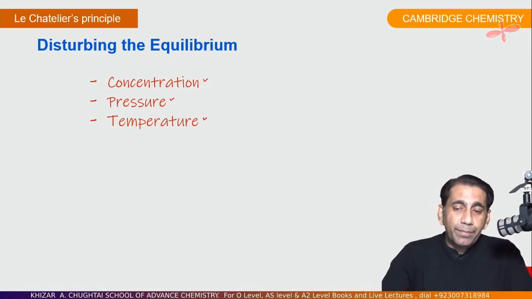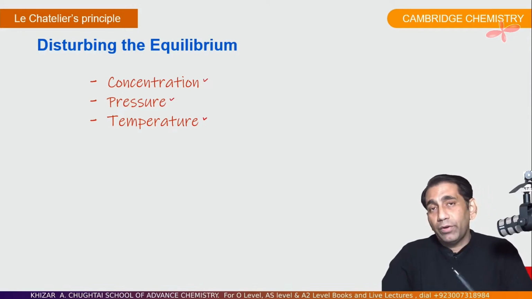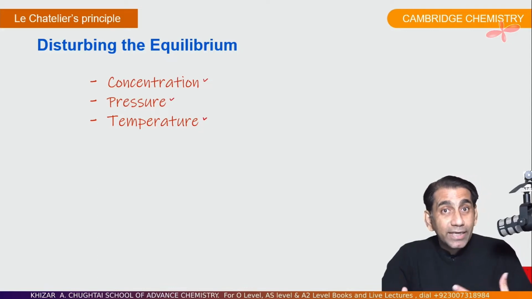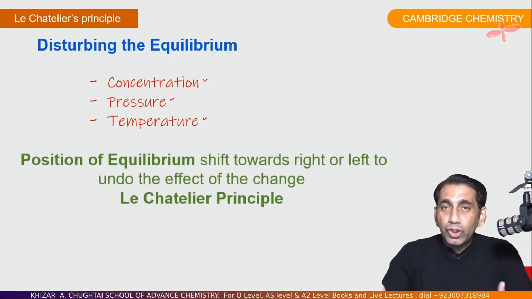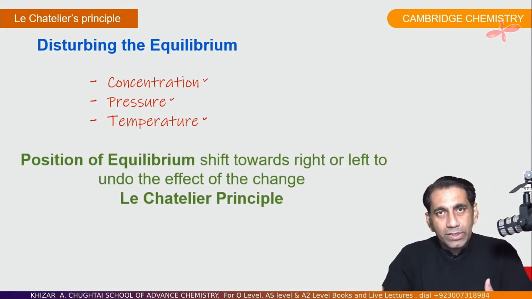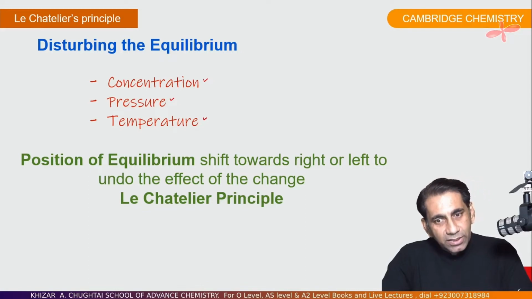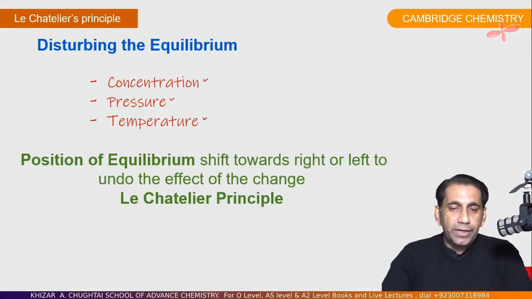By changing temperature, we can disturb that stage of equilibrium. So what will happen? The reaction will respond against this change. The position of equilibrium will shift either towards right or towards left to undo the effect of that change. That is said to be Le Chatelier principle.